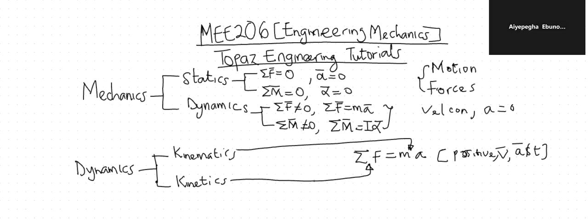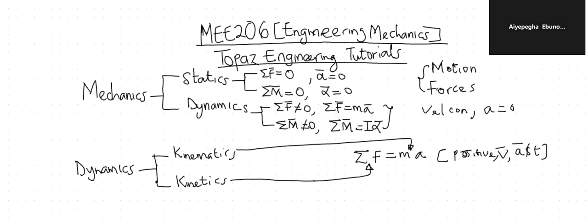Look at it this way. When a body is moving, if you are considering the position of the body, or the kinematics of the body, you are simply talking about the acceleration, the velocity, the time, in space, everything that talks about the motion of the body, or anything that can be used to define the motion of the body.